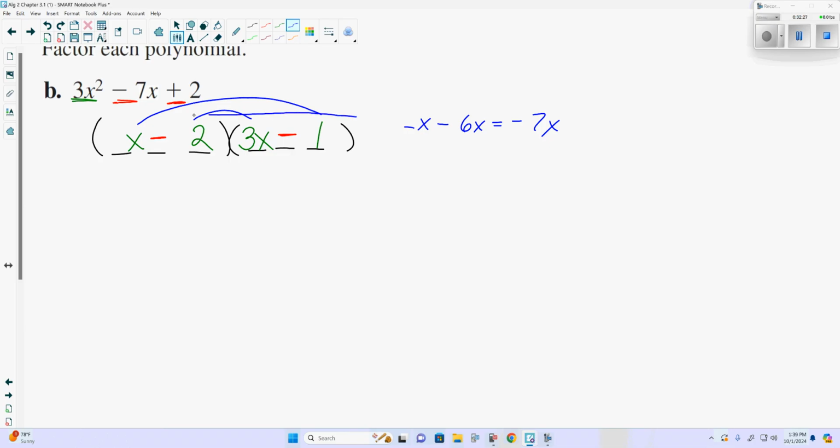So x minus 2 times 3x minus 1 is the correct set of factors for this here. Questions on this here? Questions on anything we've done so far? We're ready for the next one.